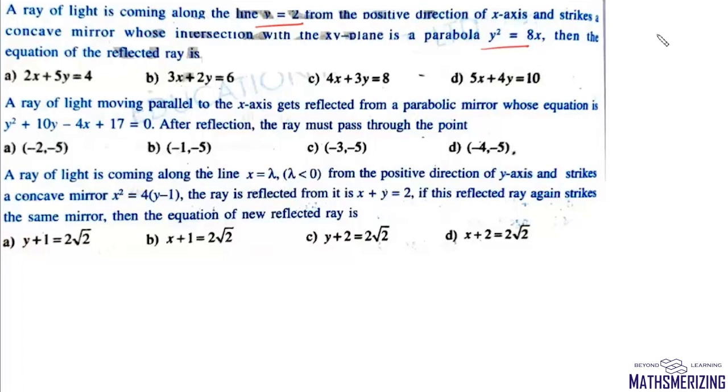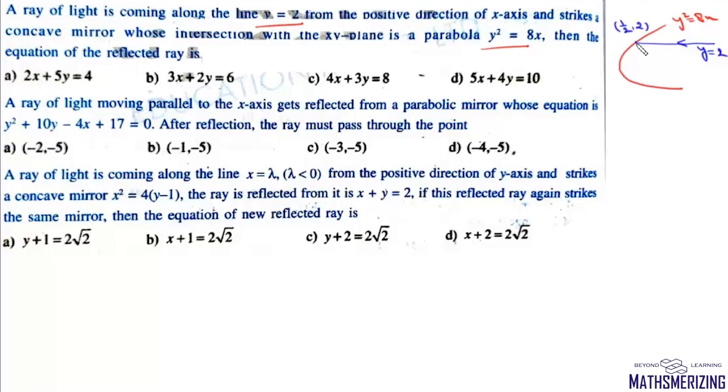So we have this parabola which is y square equals 8x, and then we have this incident ray which is coming along the line y equals 2. So we can find this point. For this point, the y coordinate is 2. So we'll put y as 2. We'll get x as 1 by 2. So this point will be 1 by 2, comma 2.